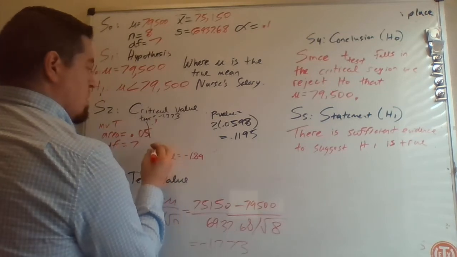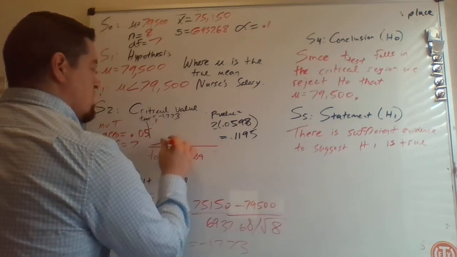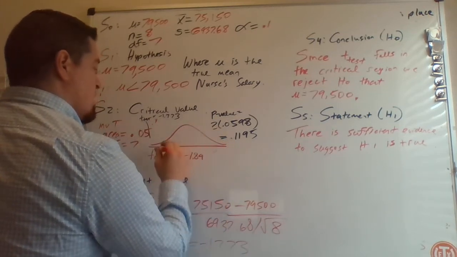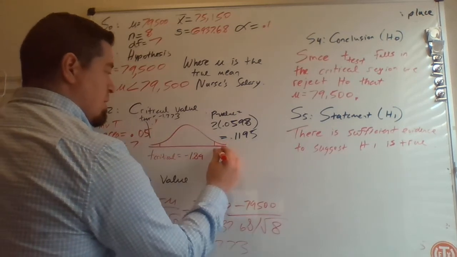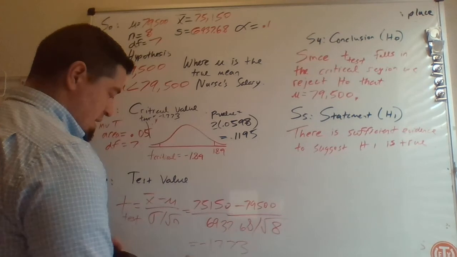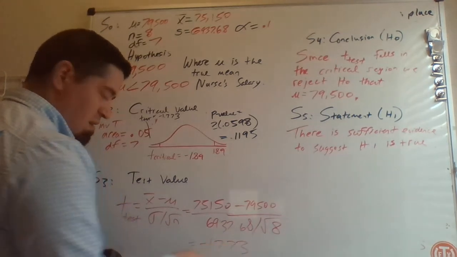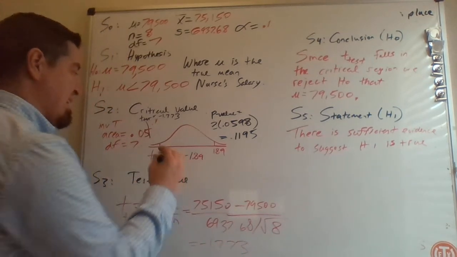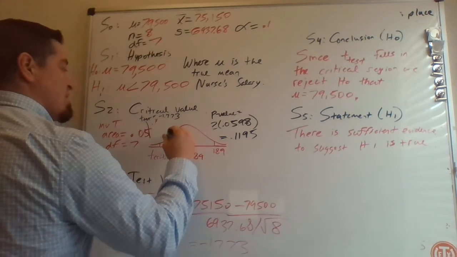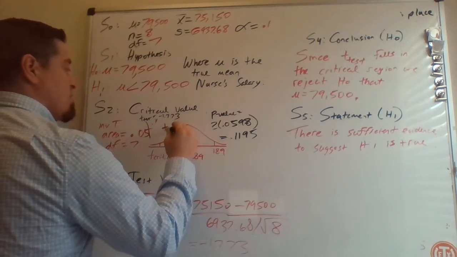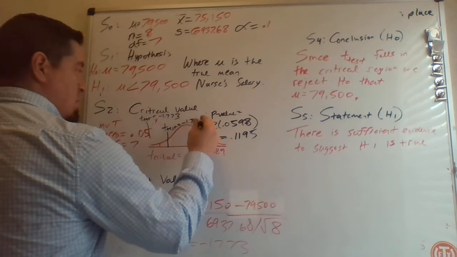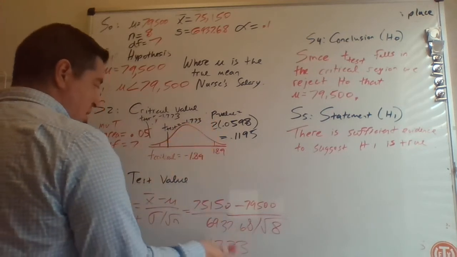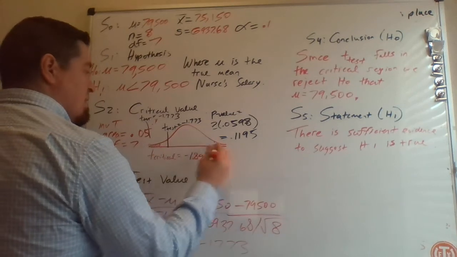Your t-critical would be here and here. 1.89 would be that, and then the t-test would actually fall within that this time. Therefore, it is not in the critical region.